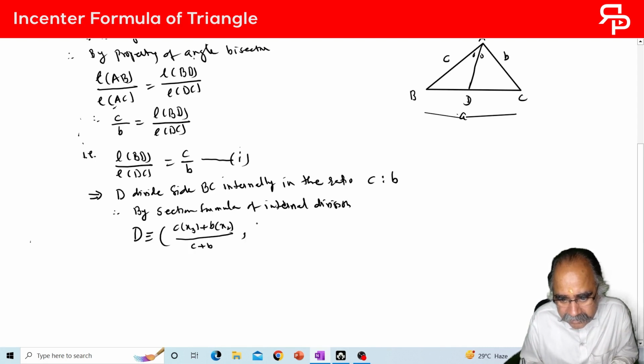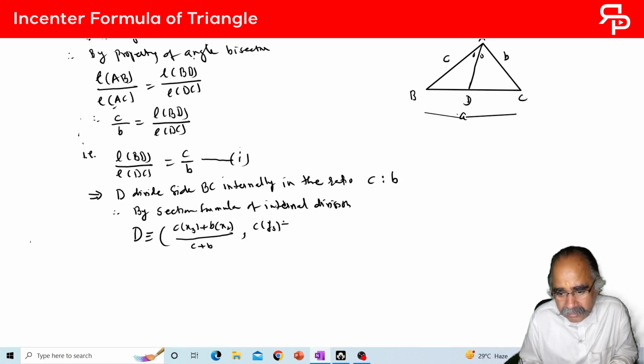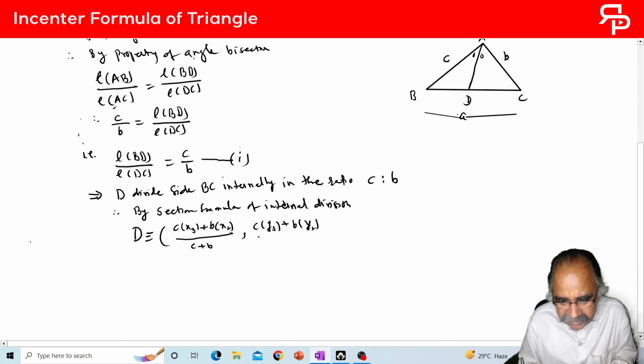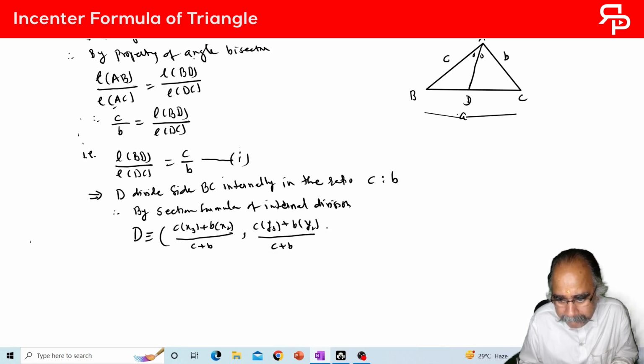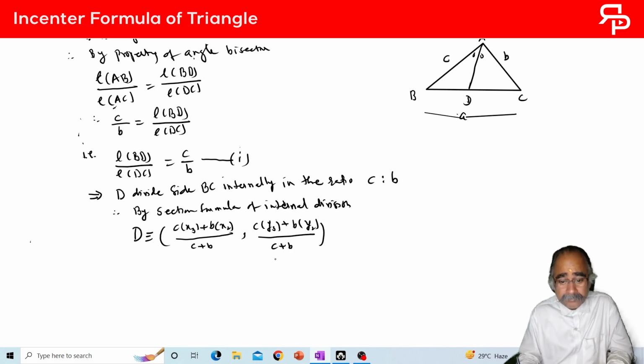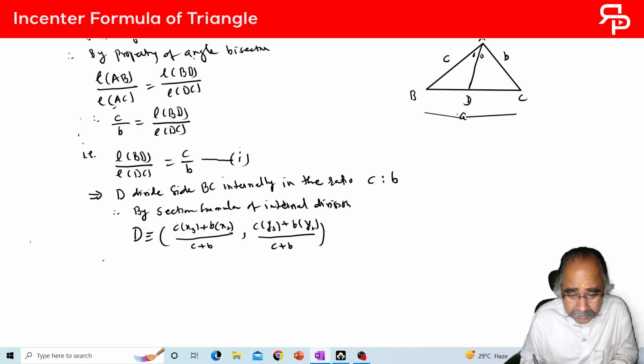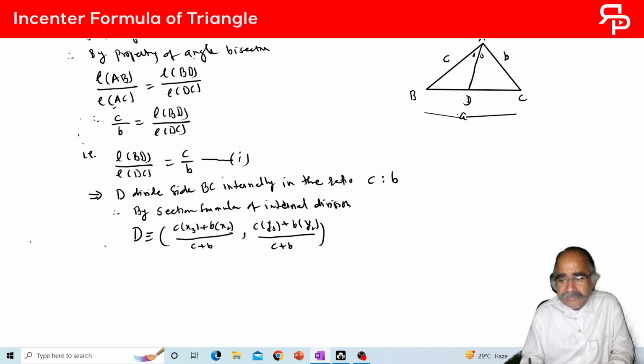Same way, c into y3 plus b into y2, divided by c plus b. So this is the coordinate of D.